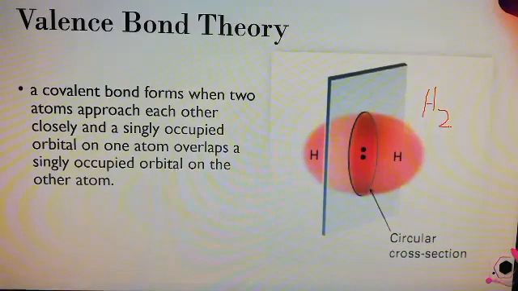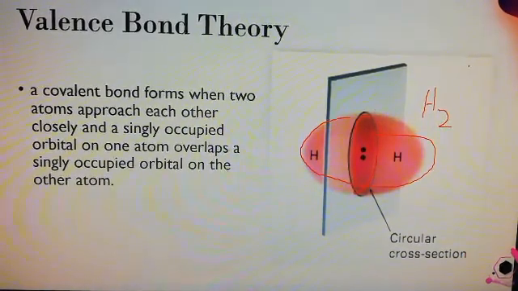So these overlapping orbitals in the H2 molecule have an elongated egg shape. So parang egg siya. So the head-on bond between H2 molecules is called sigma bond. Okay. So meron daw bond na sigma bond. Okay.